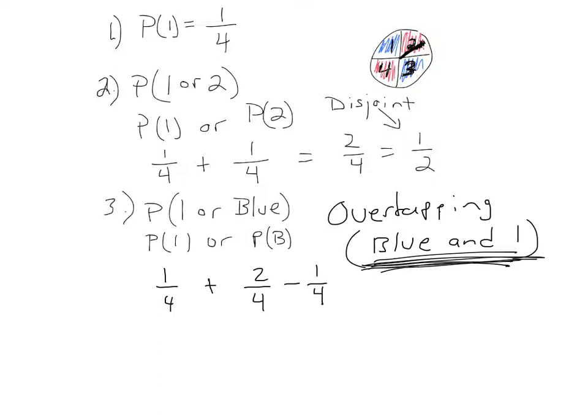There is 1 out of the 4, and there are 2 blues out of the 4, but there's also a 1 that's a blue. So we need to subtract this overcounting. Now we have 3/4 minus 1/4 is 2/4 or 1/2. Cool beans.